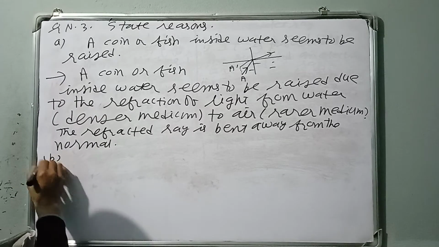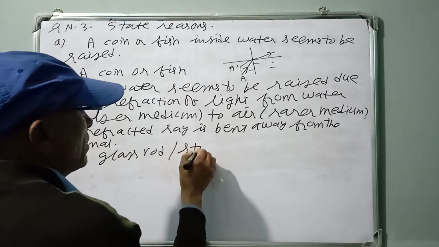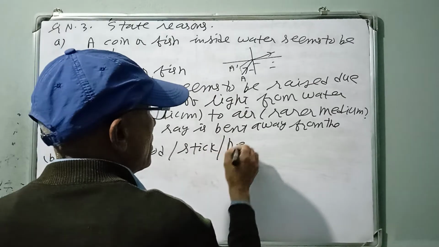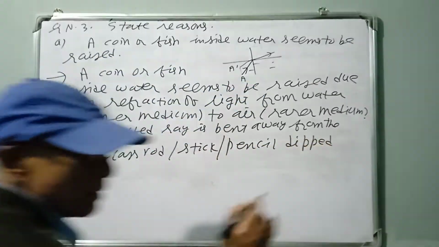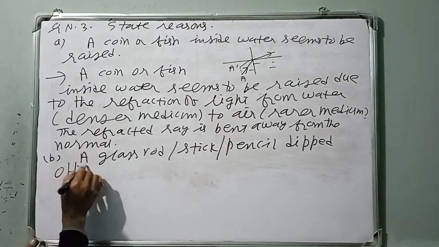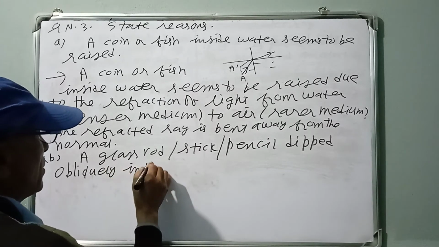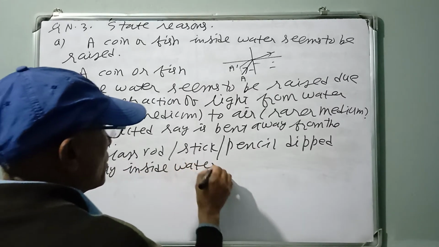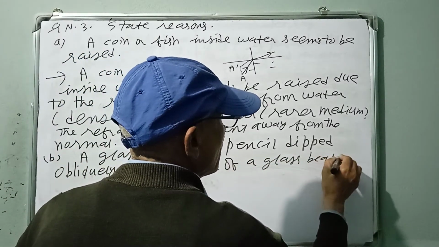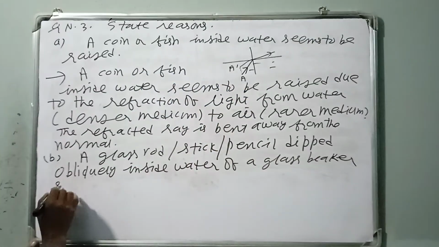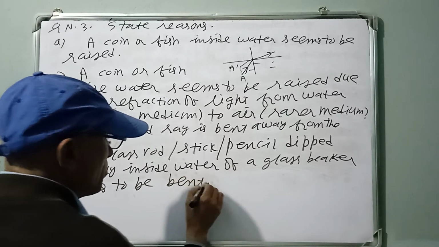In the same way, a glass rod or stick or pencil dipped obliquely, dipped obliquely is not straight, inside water of a glass beaker seems to be bent.